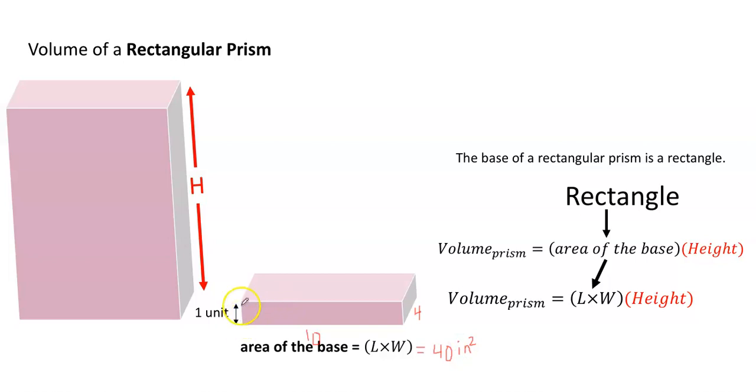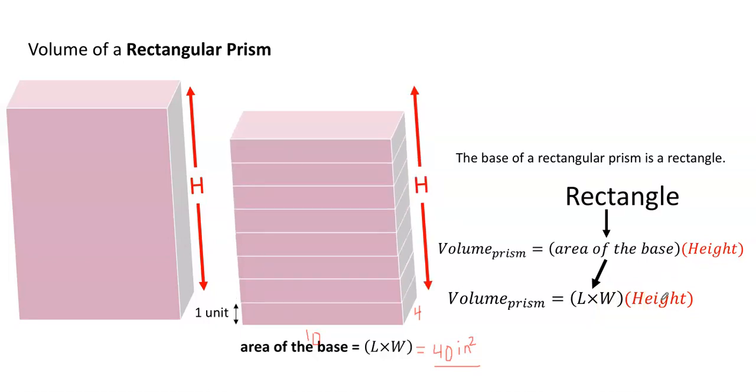And then if this was 1 unit, 40 times 1 wouldn't change it. You'd still get 40. And after that, we need to take this area, 40 square inches, and multiply it by the height. So when you multiply it by the height, you end up with the full volume of the rectangular prism.